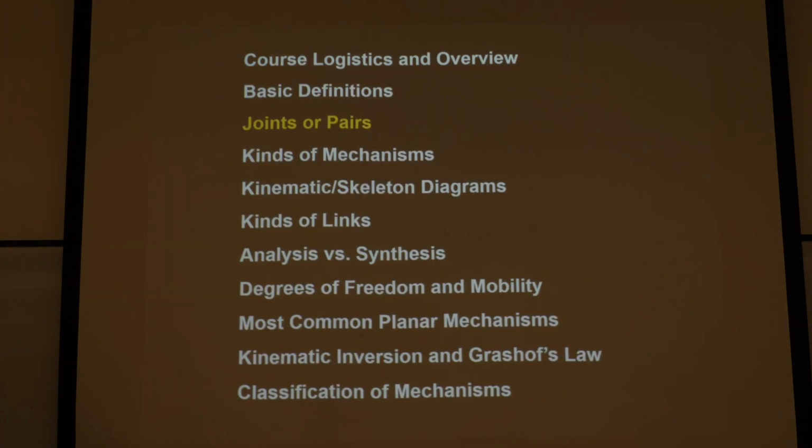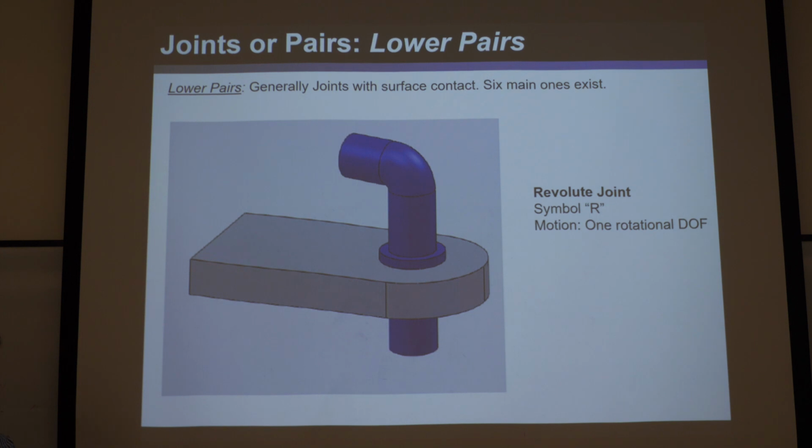Okay, so let's look at joints or pairs, and do some more definitions to help you understand the categories here. There are two kinds of pairs or joints: lower pairs and higher pairs. For lower pairs, there's really only six of them, or at least six main ones.